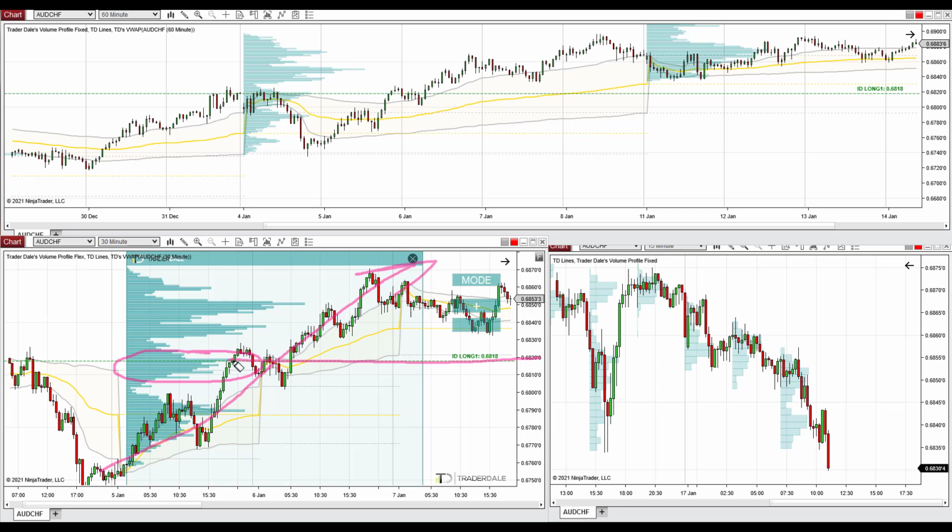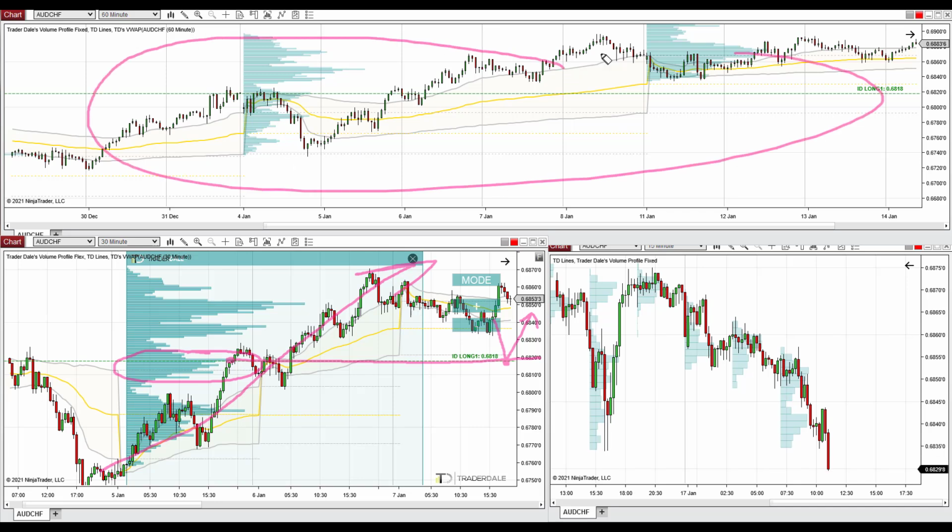This volume cluster is the thickest in here at 0.6818. This is where most of the long positions got placed. So when there is a pullback to this area, I think that those buyers will want to defend this area and to push the price upwards from there again. Now there's also one nice confluence to this.